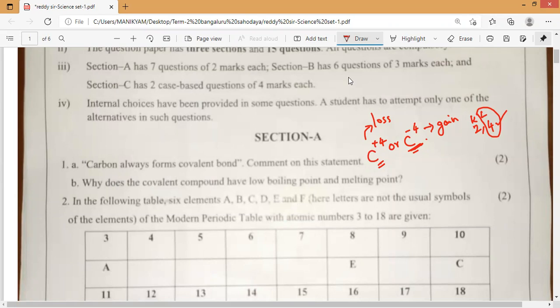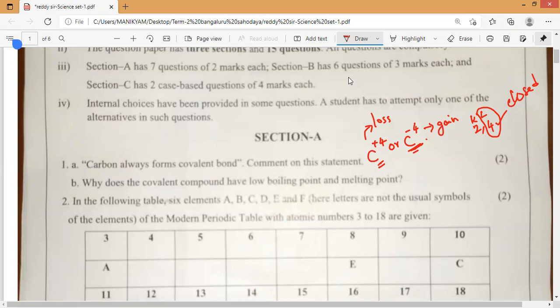Because a large amount of energy is needed to remove 4 electrons. The size is very small, it's closely packed. A huge amount of energy is needed to remove the electrons, because they are very tightly and strongly attracted by the nucleus.